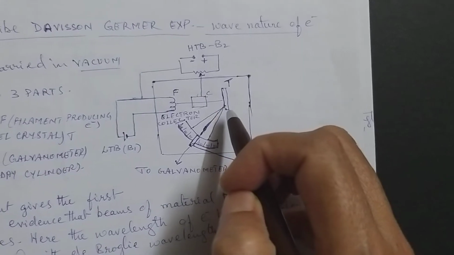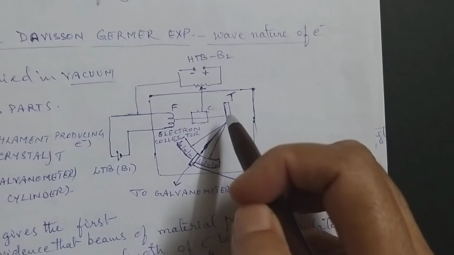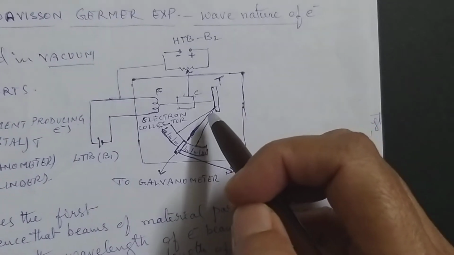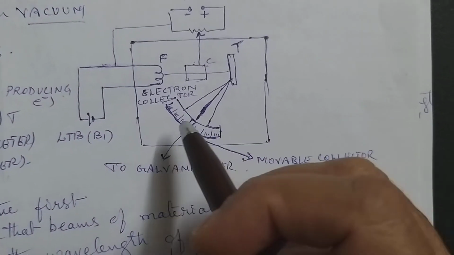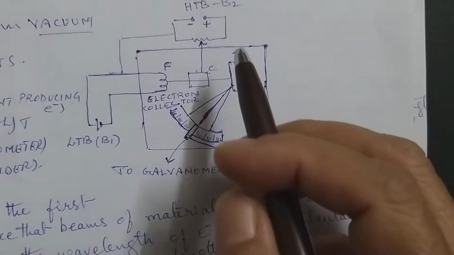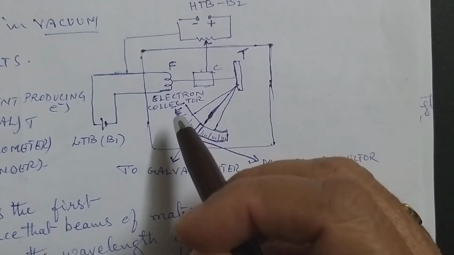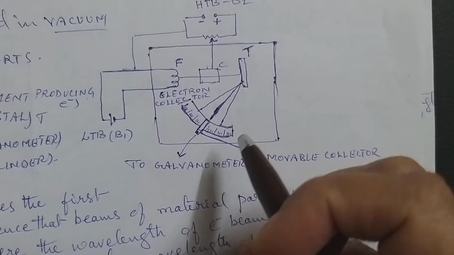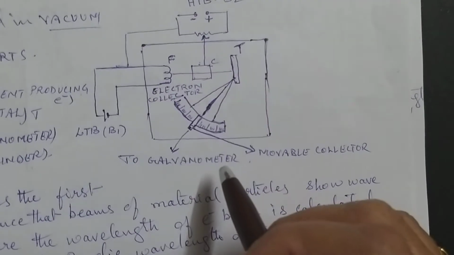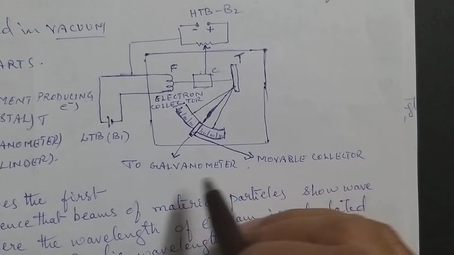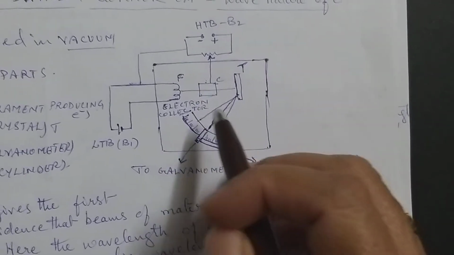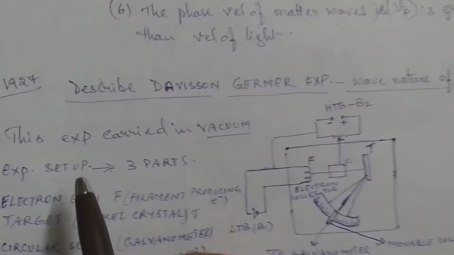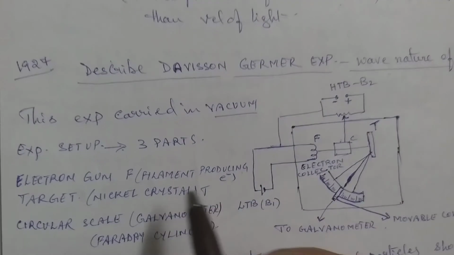This is a nickel crystal, and they get reflected, and an electron collector is here. If you rotate this target, then different angles will be targeted. They are sent to a galvanometer, and this galvanometer tells us what the effects are. Okay, so that is the experimental arrangement.